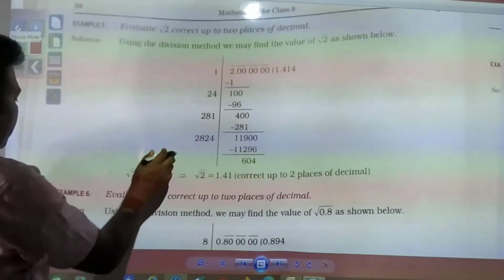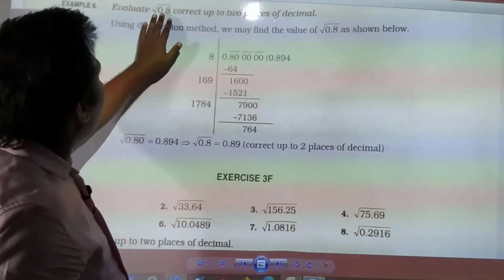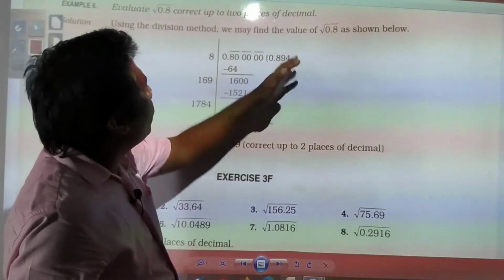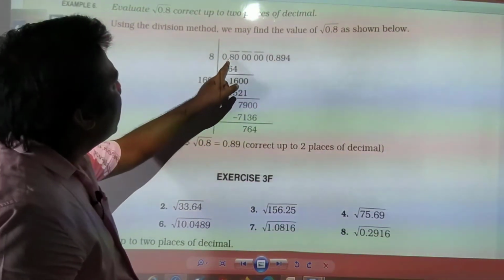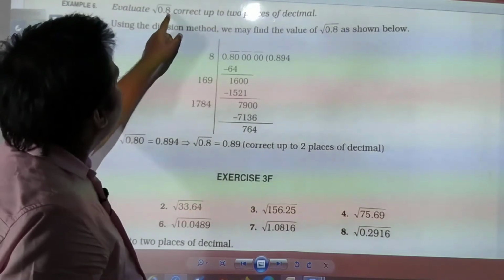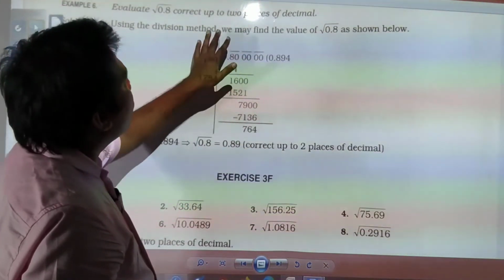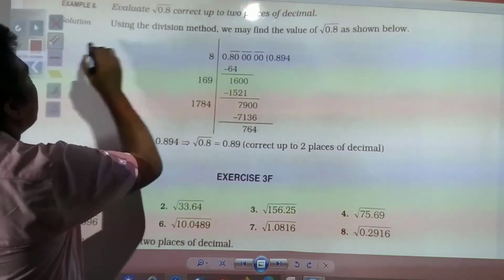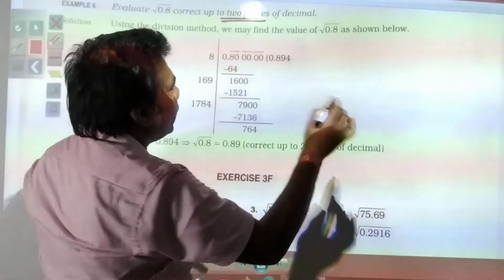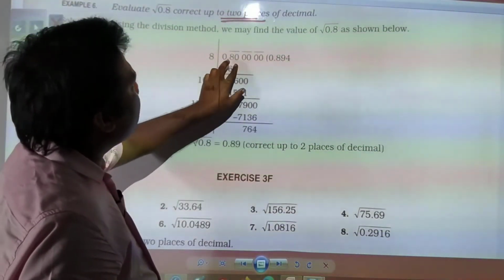Next you see, evaluate root under 0.8, correct up to 2 places of decimal. The same thing is required to be applied. Here you see 0.8, here you have a single digit, it is required to be made even. So we need to find out 3 places because it is required to be done to 2 places. So we will find out 3 places and then we will round off. 3 places means you need 3 pairs.